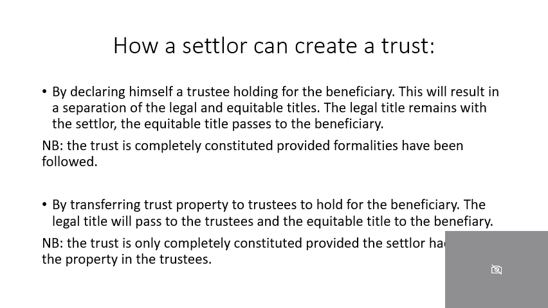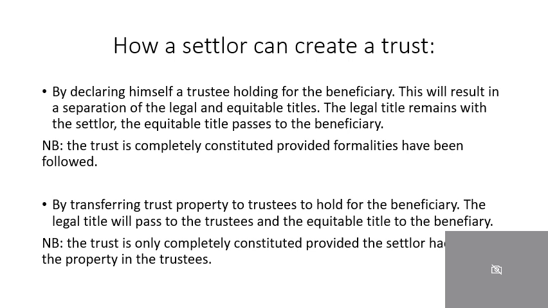So if this grandfather is declaring himself a trustee of all his shares in BT, then once he's made that declaration, the legal title of the shares remains with him. Why? Because he has made himself a trustee, and as we know, the trustee holds the legal title of trust property.